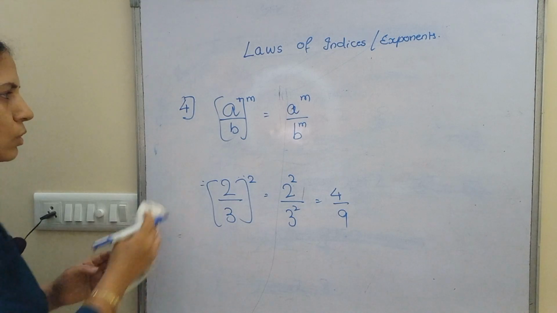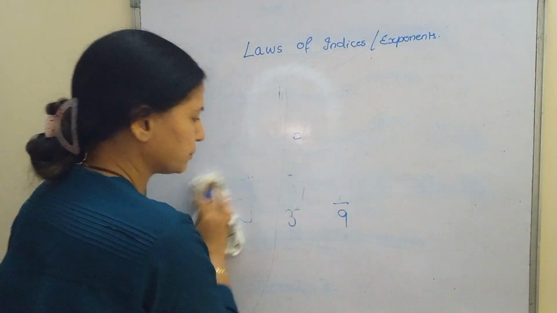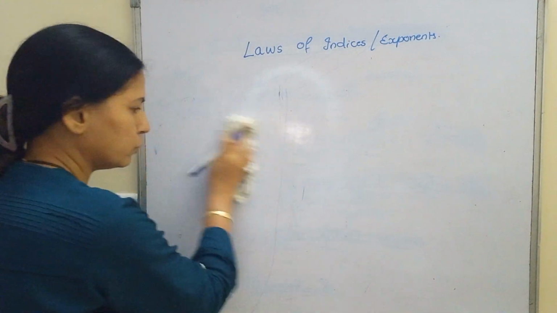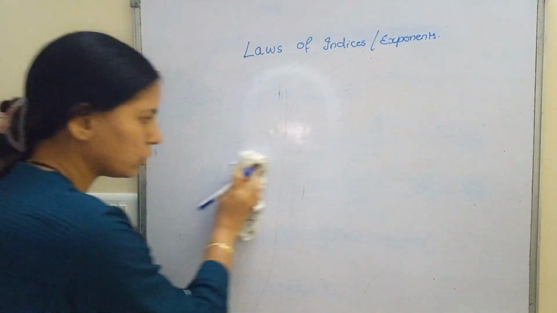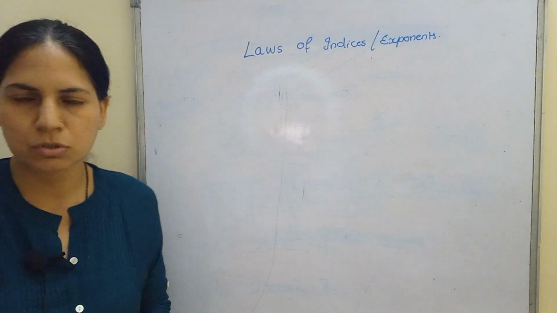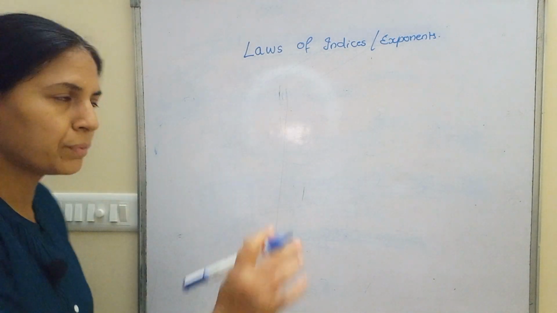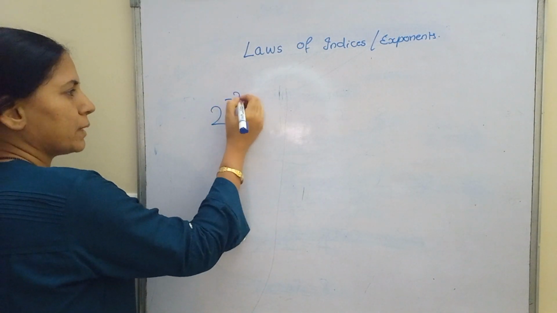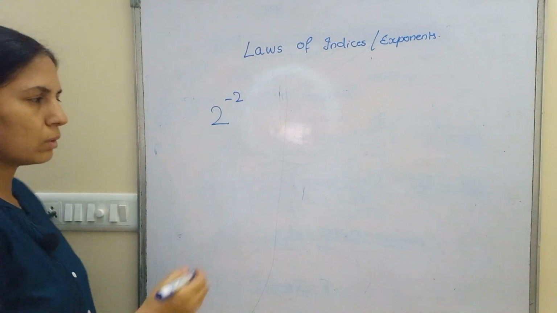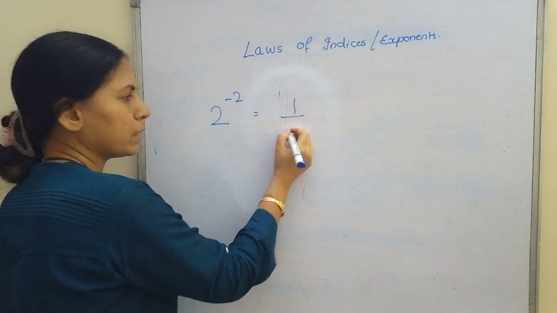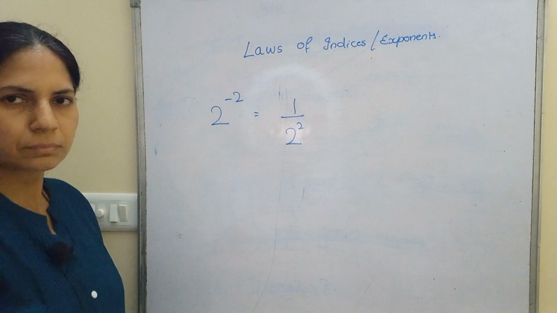Simple. Rule number 5. If you want your index to become negative or positive, make the number reciprocal. For example, if your answer is 2 raised to minus 2, make it 1 upon 2 raised to 2.